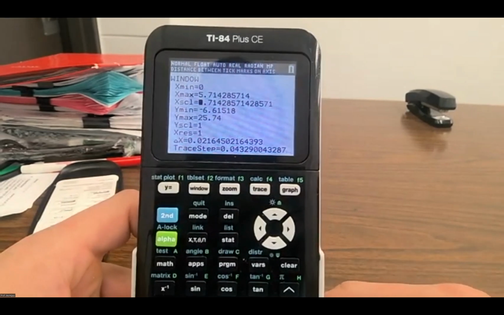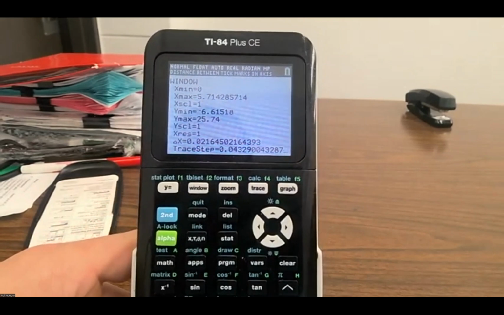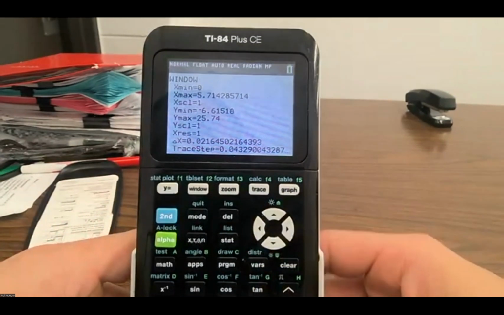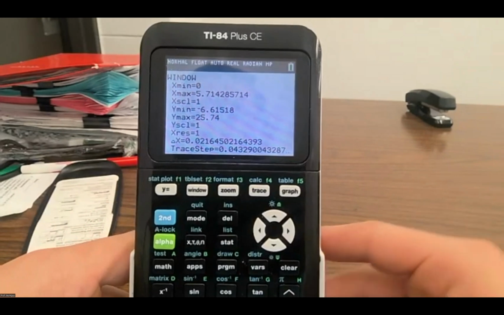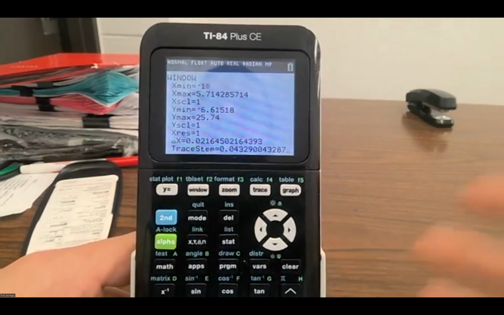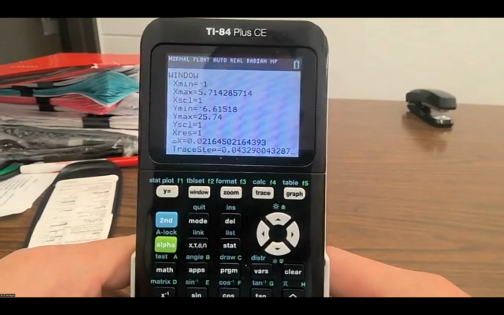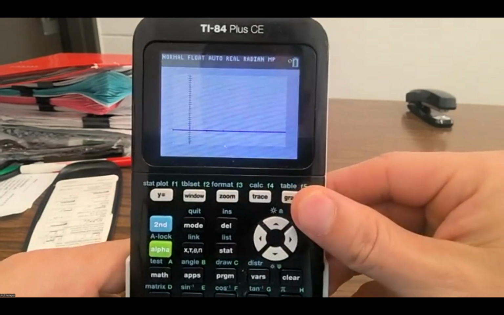So I'm going to click 1 because my data goes up by 1s. And the X min is the most left I can see. So I'm actually going to click -1. I know I don't have any data in -1, but just to see where my graph starts. And then click graph.